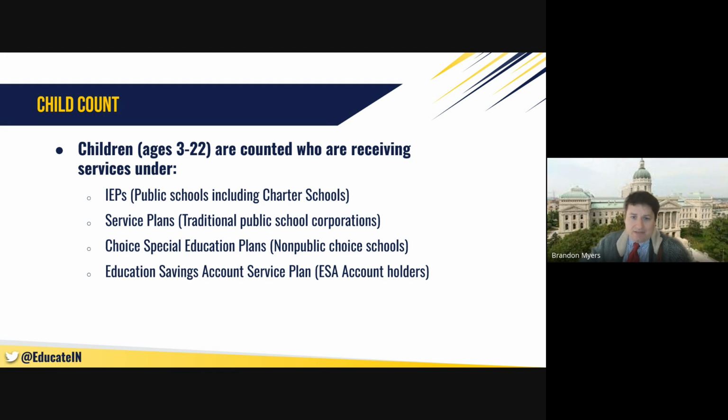The first two are the federally required categories. Those are students on IEPs, where public schools, including charter schools, are providing the services, and service plans, which are students at non-public schools who are receiving services from the traditional public school corporation.